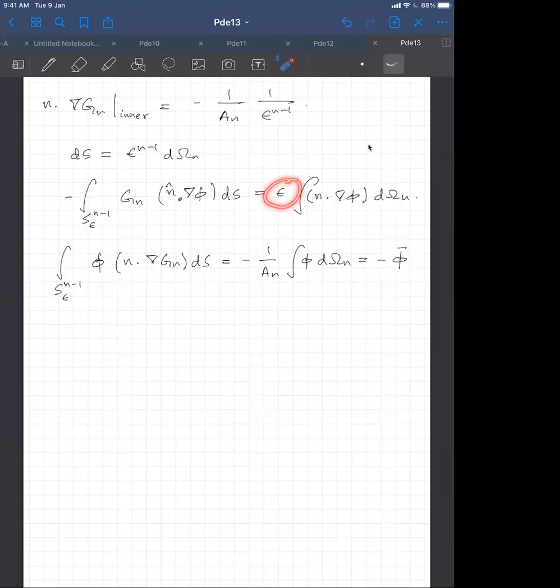So when you take epsilon going to 0, this whole term actually goes away. On the other hand, this one does not. When you shrink the sphere to zero size, you're going to replace this phi bar by just phi. This is just going to be replaced by minus phi of y when you go to the limit of epsilon going to 0.